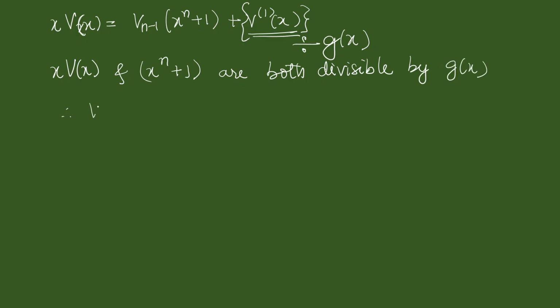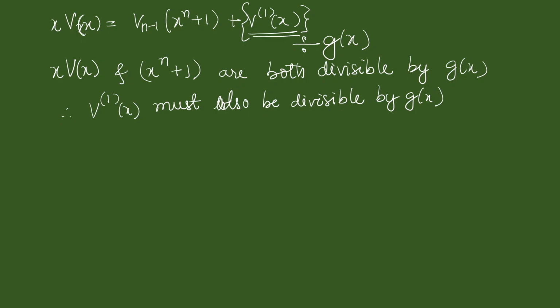Therefore v1 of x must also be divisible by g of x. Therefore v1 of x is a multiple of g of x.